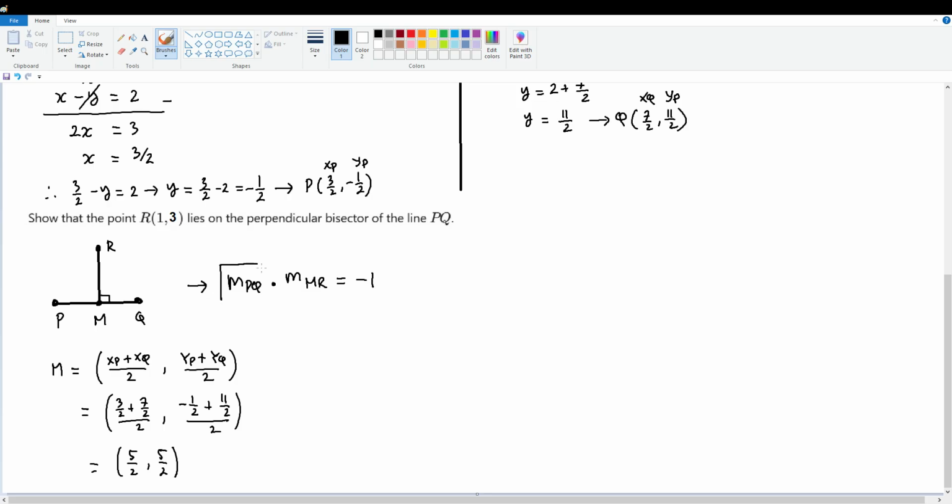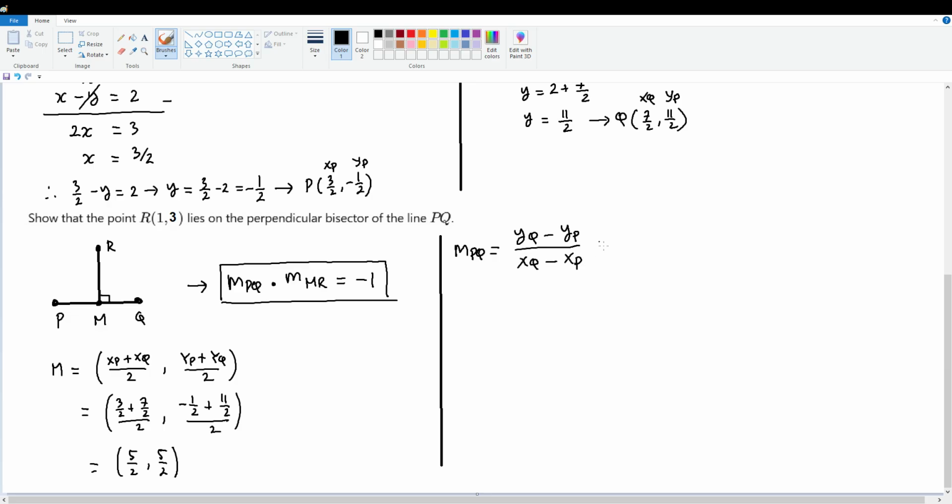That is our goal to show this question. First of all, you need to find the gradient of PQ. The formula for the gradient is yq minus yp over xq minus xp.